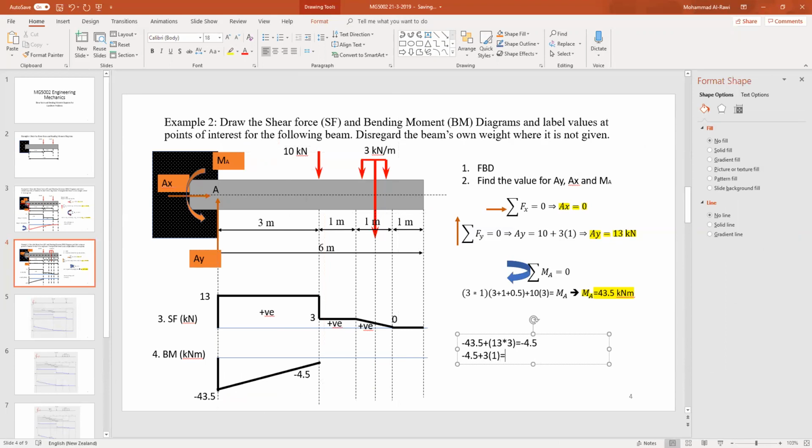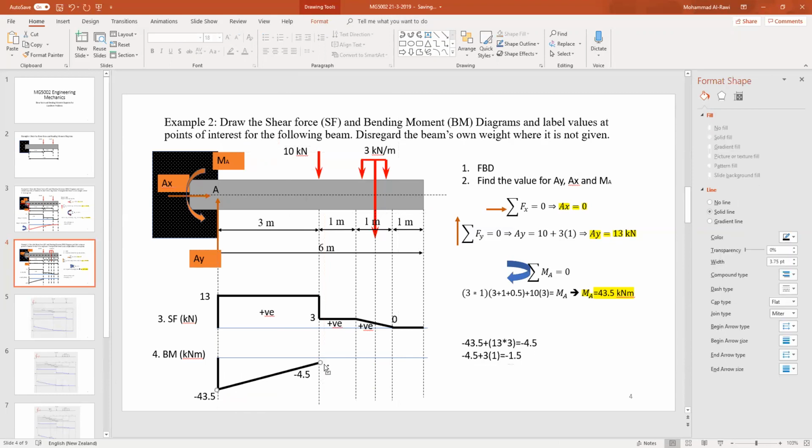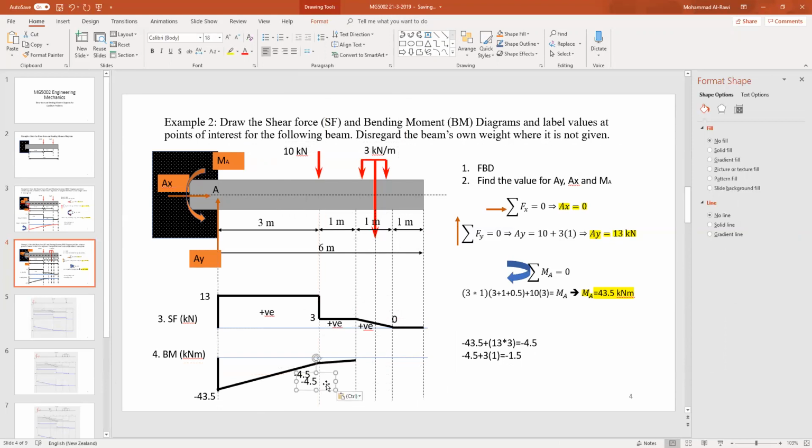That equals minus 1.5. So I will continue with another slope, going till this point. Technically, it's not 0 yet, and if you have it on a scale, you can see 1.5 better than you can see here.